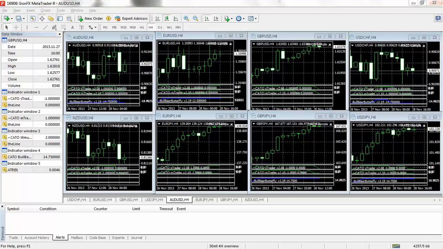Right, let's have a look at the pound dollar. The pound dollar is on this particular candle here at the moment, moused over that. The S trader is positive, the M trader is negative, the litmus test is positive, and the bull bear indicator is positive. So we may be looking for a trade to the upside, but at the moment M trader is going short.